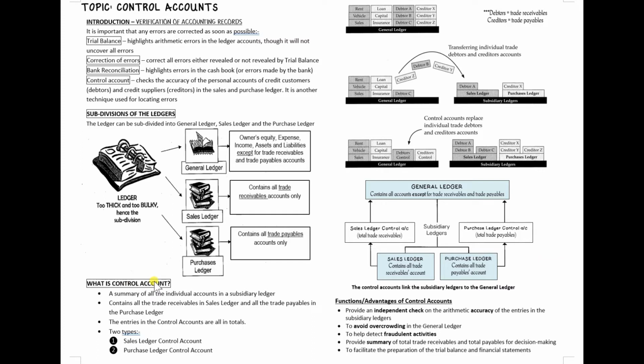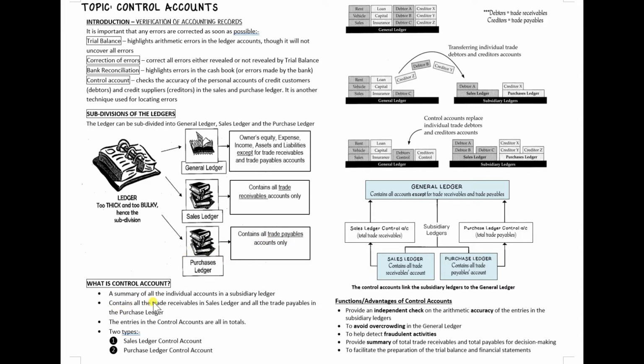So what is a control account? It is a summary of all the individual accounts in the subsidiary ledger, okay. So these two, sales ledger and purchase ledger, we refer to as the subsidiary ledgers. So a control account will summarize the trade receivables and will summarize the purchase ledger, the trade payables.